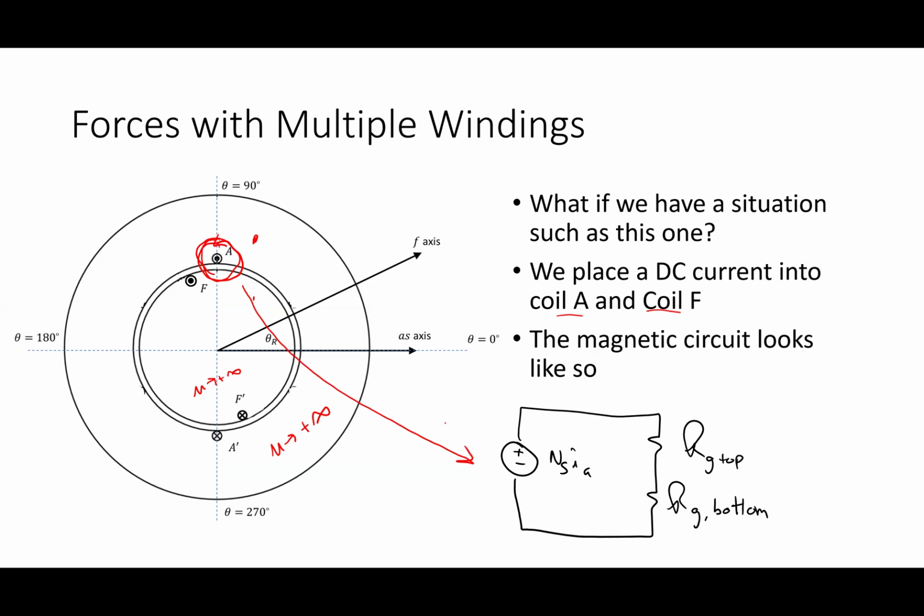If the stator windings have N sub S turns, there would be an MMF of N sub S times IA, and a reluctance for each of the two parts of the air gap. So there's a reluctance here and a reluctance here, and it would look something like what I've shown right here.